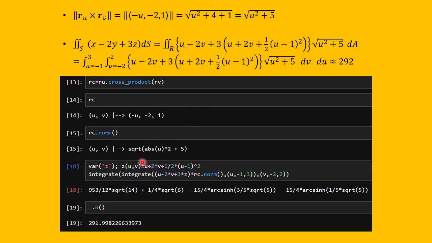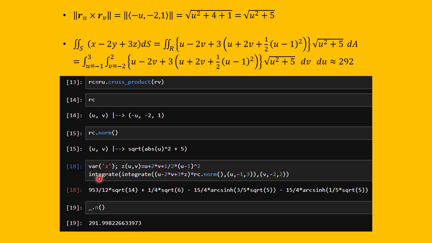And then we're going to define a variable z, and I'm going to let z of uv equal u plus 2 times v plus 1/2 u minus 1 squared. That's what we had up here. This z, remember, because we're looking at this surface S, this z right here was u plus 2v plus 1/2 u minus 1 squared. So we're just substituting that in for z when we come down to here.